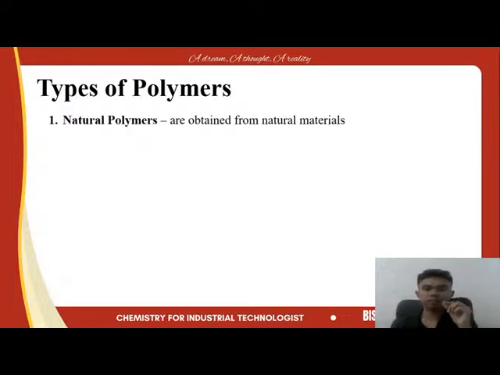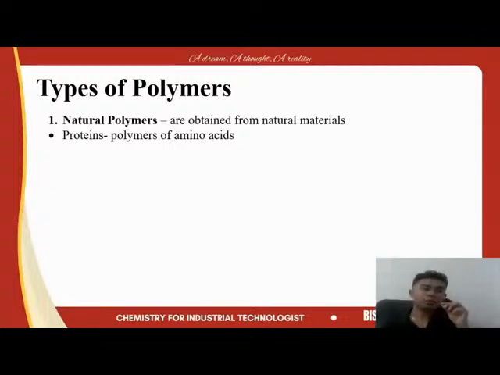Natural polymers are obtained from natural materials. They come from nature, the trees, the animals, the biotic things, the natural things. So for natural polymers, we have proteins.